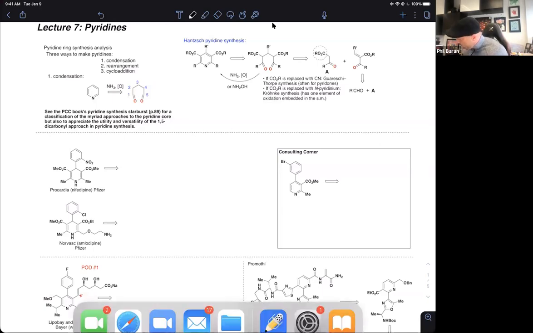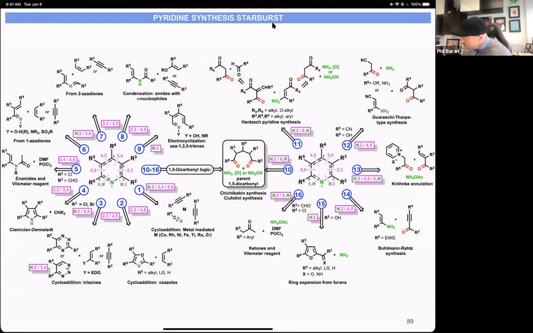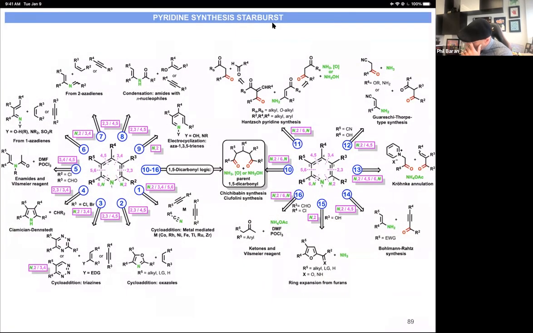So if we take a look at the book really quick before we begin, at the pyridine synthesis starburst, you'll see that like the pyrroles, you're really relegated into 2 basic areas. On the left-hand side, you see the ones that are not easily categorized, but are easily understood. And then on the right-hand side are the ones that really correspond and trace really well into 1,5-dicarbonyl logic.